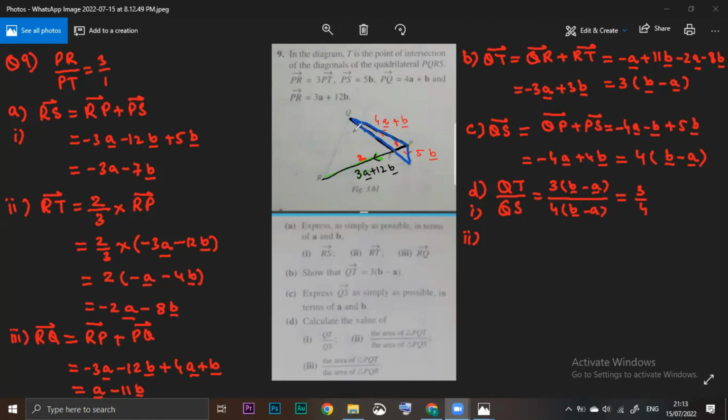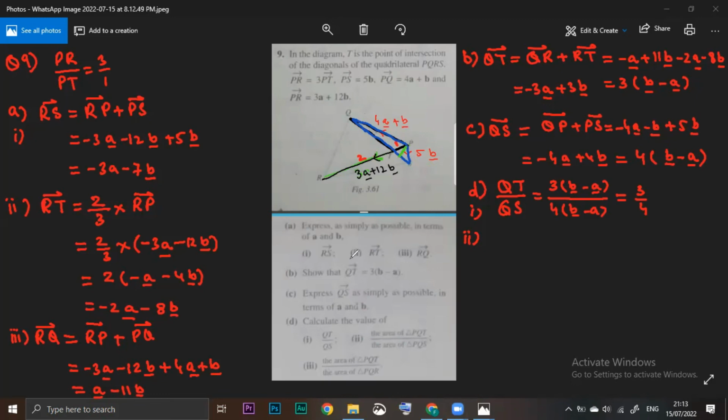Now QT and QS are also sides of the triangles. Now, if I consider QS as the base, this one is the height of the triangle from the opposite vertex.